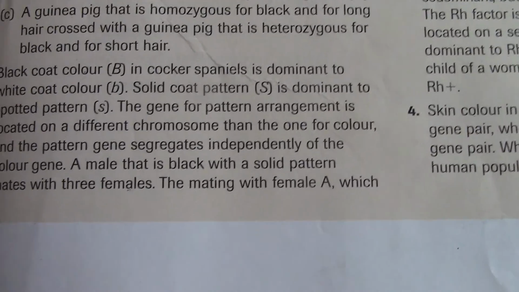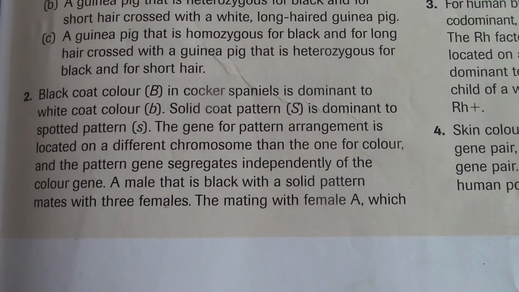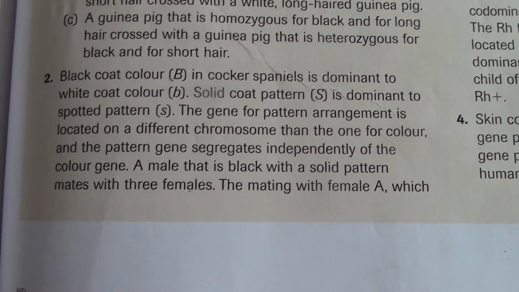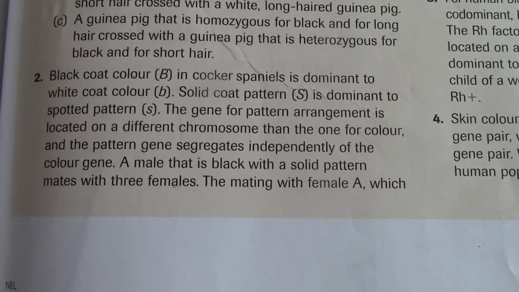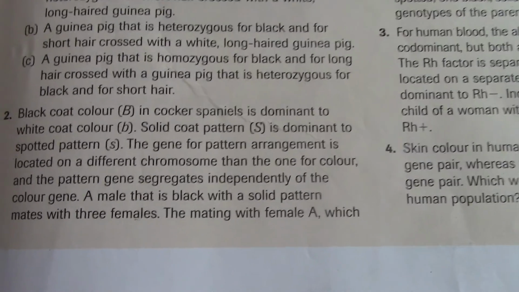Okay, the gene for pattern arrangement is located on a different chromosome than the one for color, and the pattern gene segregates independently of the color gene. A male that is black with a solid, so this is, again, like another forensics question. Okay, so I'm going to write this stuff down.